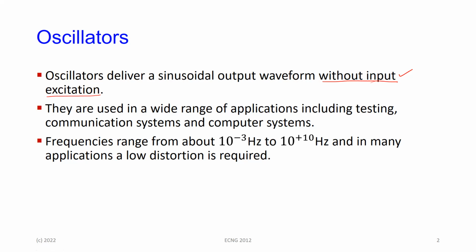And then they range across a variety of frequencies, from extremely low, below fractional hertz, all the way up to tens of gigahertz at this point in time. And in many cases, low distortion is required.